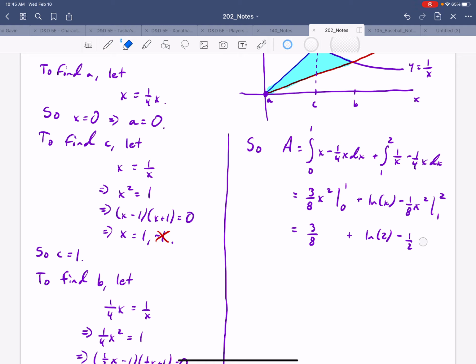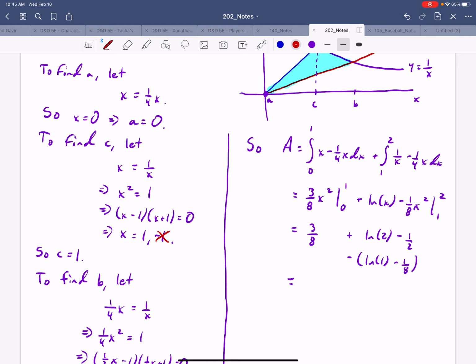Remember that ln of 1 actually equals 0. Right, don't forget about that. But also you plug in 1 for x squared, and you get 1/8, right? So just be a little careful about that, right? So it looks like we're getting 3/8 plus 1/8 minus 1/2. I think that all cancels, right?